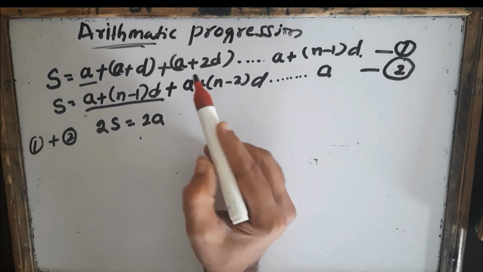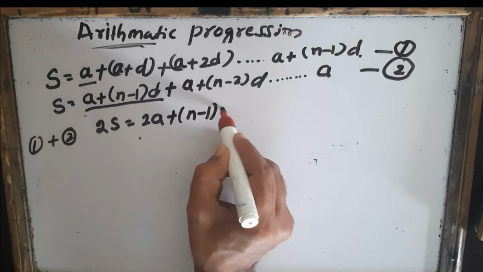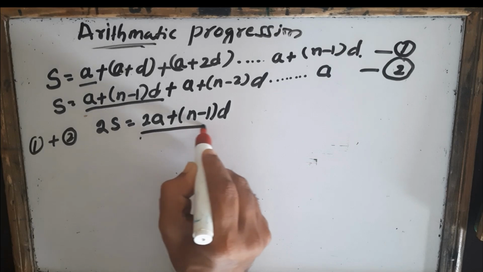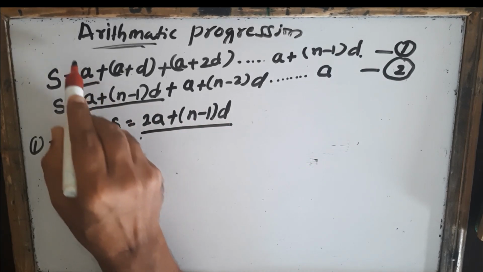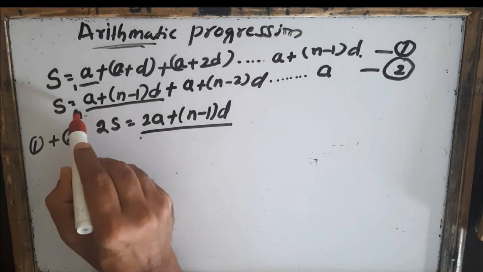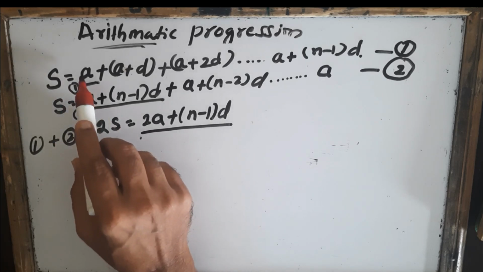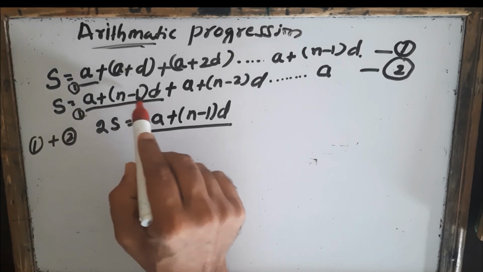So a plus a, 2a plus (n minus 1) d. We add both here: the first element we added, a plus a, 2a, n minus 1 d.